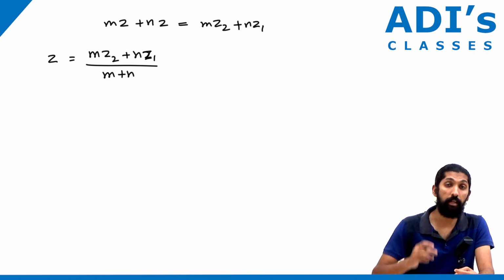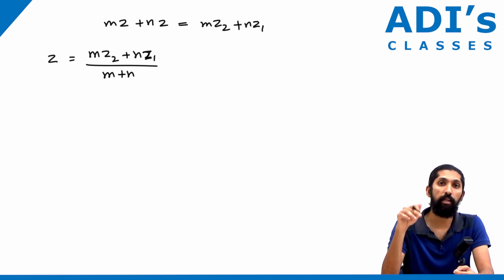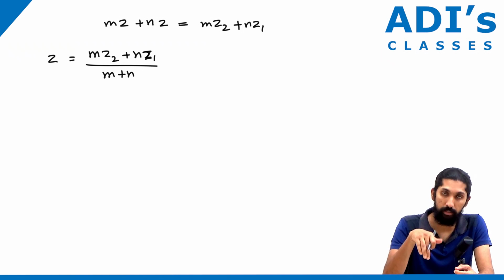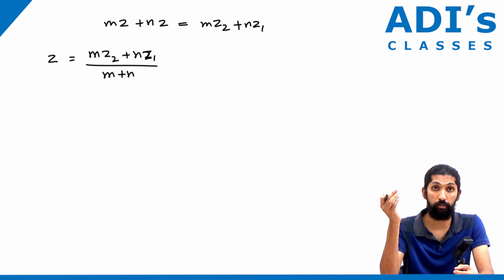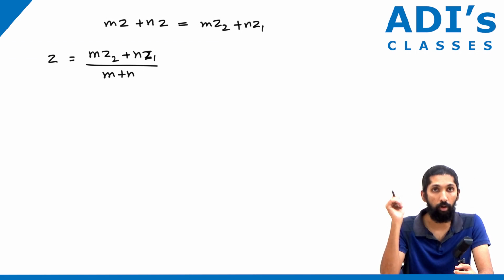Now similarly, here we took a perpendicular to the XY plane, correct? Similarly, if you take perpendicular to the XZ plane and to the YZ plane, similarly you're going to get for X and Y also.